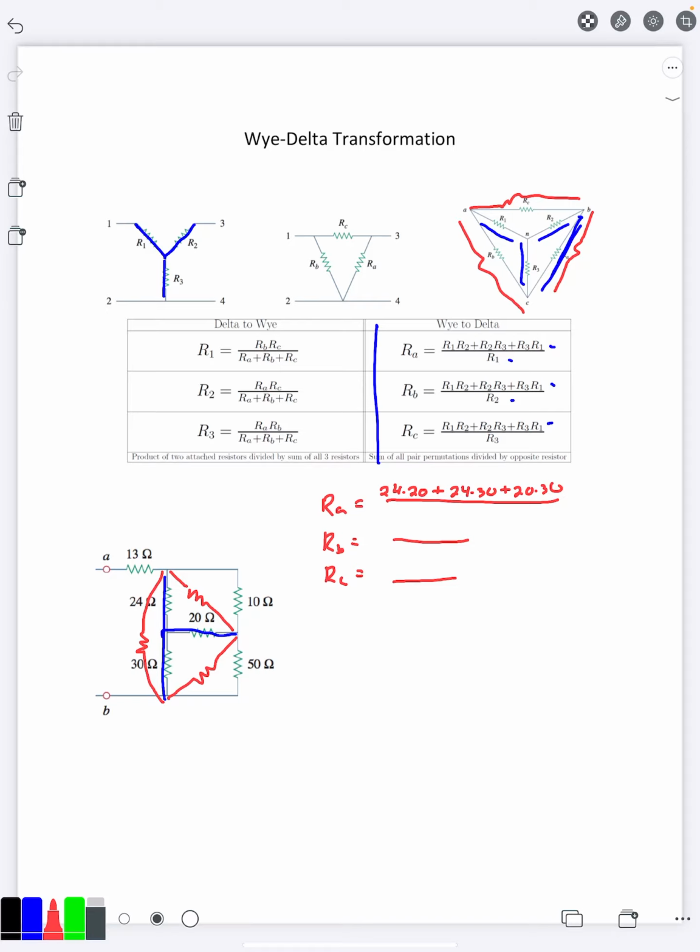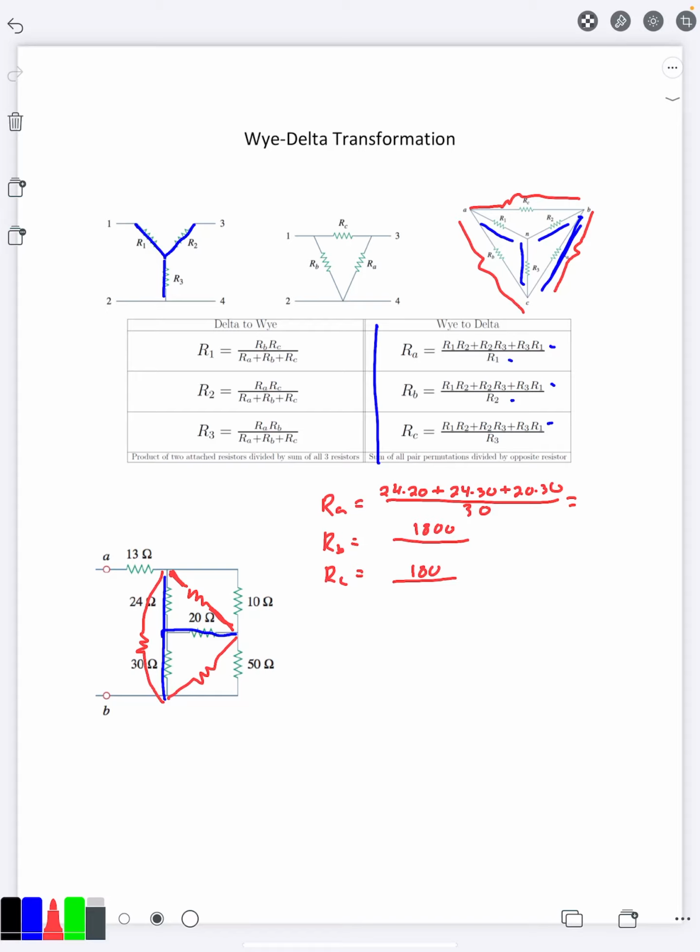And we just pull out our calculator and do a quick calculation here. 24 times 20 is 480. 24 times 30 is 720. And then 20 times 30 is 600. And I got a total of 1800 on the numerator. And so for RA, let's say this one's RA. The resistor that's not connected to it is 30, so it's going to be that over 30 here.